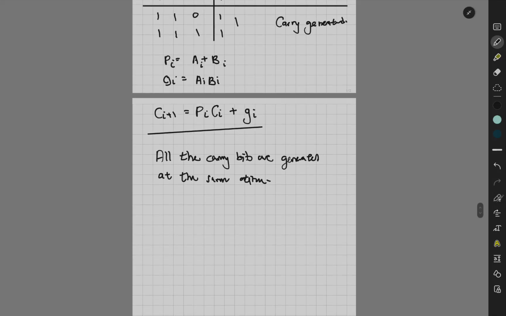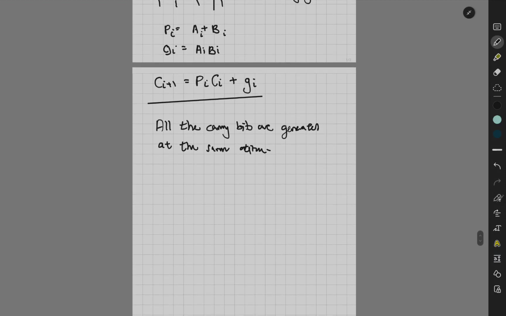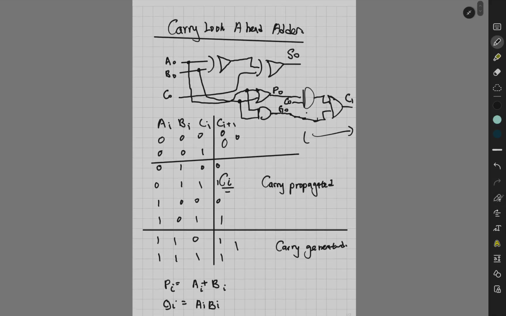Because to generate the carry, the circuit only relies on A and B, because the carry in this carry look ahead adder is dependent solely on the inputs A and B only. So that's how this circuit works.